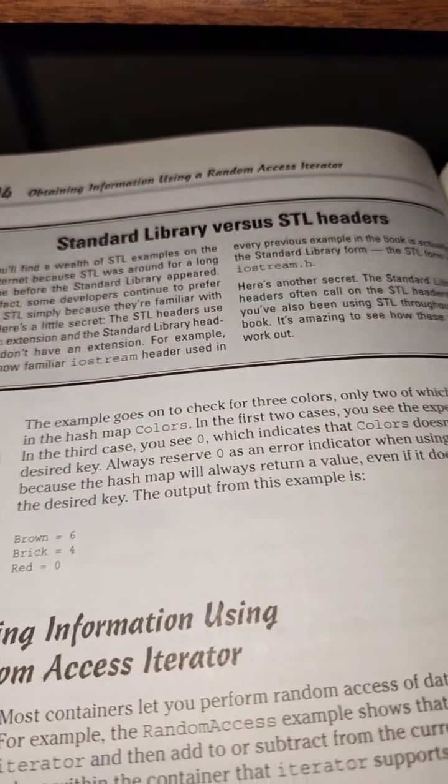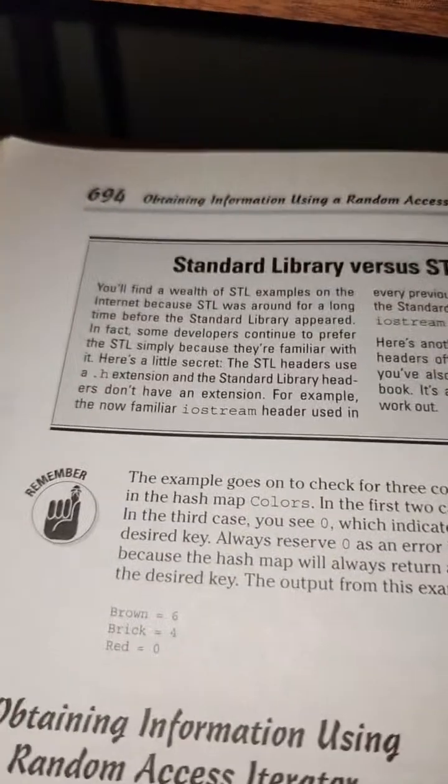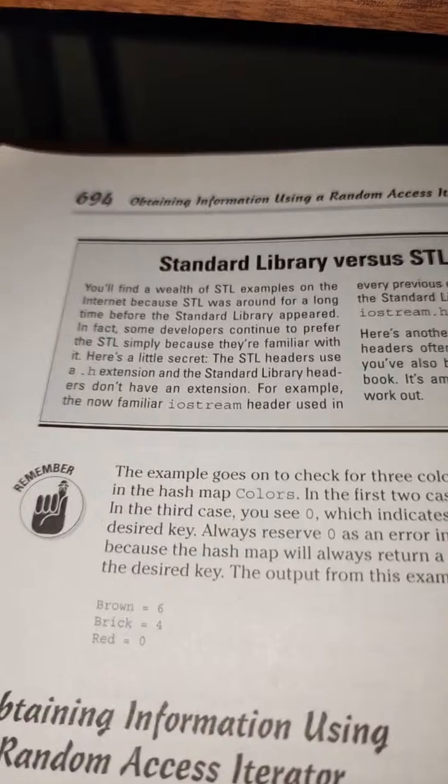Standard library versus STL headers. You'll find a wealth of STL examples on the internet because STL was around for a long time before the standard library appeared. In fact, some developers continue to refer to STL simply because they're familiar with it. Here's a little secret. The STL headers use a .h extension. The standard library headers don't have an extension.